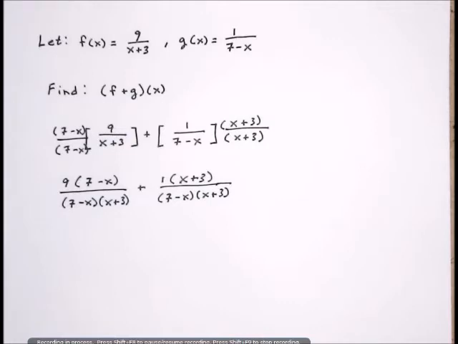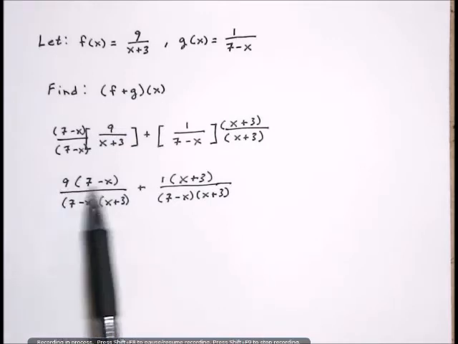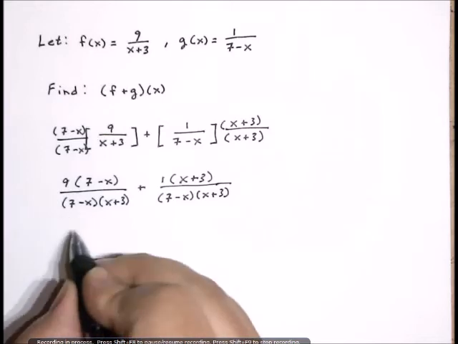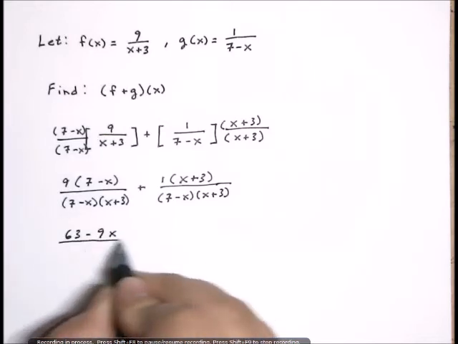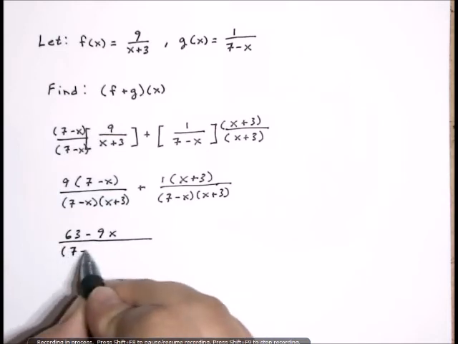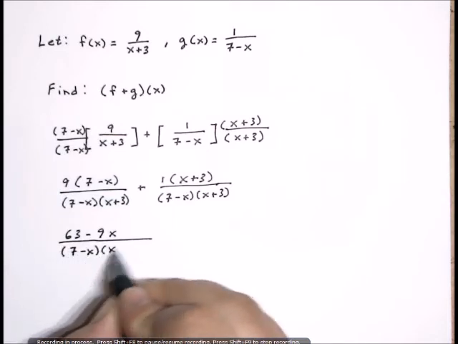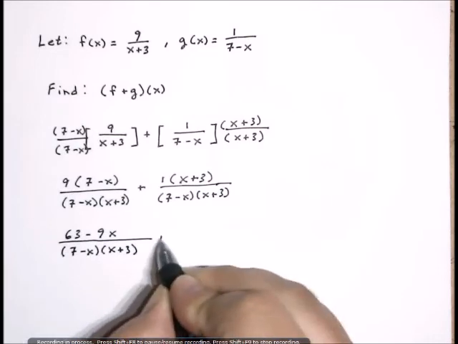So what I'm going to do now is distribute this 9 over the 7 and the x. Keep the denominator the same. There's really nothing to do here.